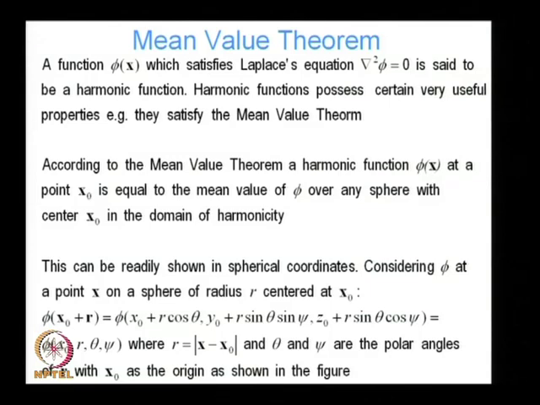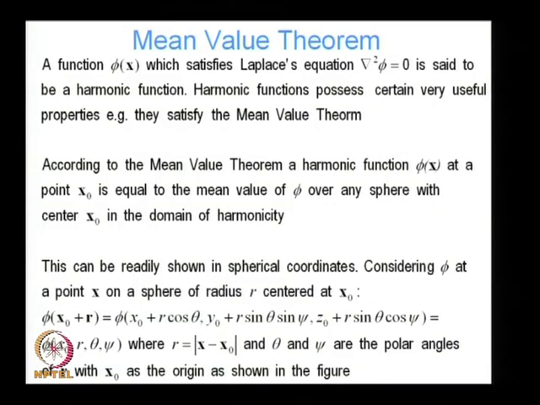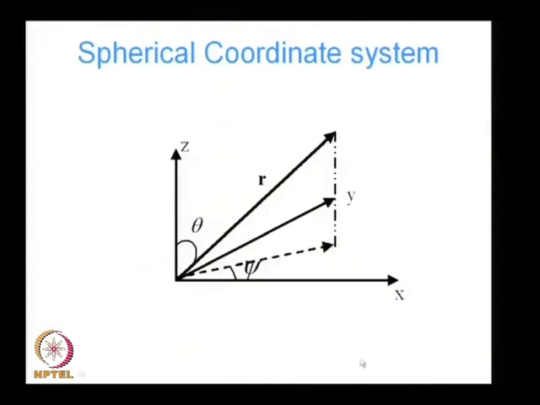We want to show this in spherical coordinates. Since we are integrating over a sphere, we need to use spherical coordinates, and just to remind you, it consists of a coordinate system like this.